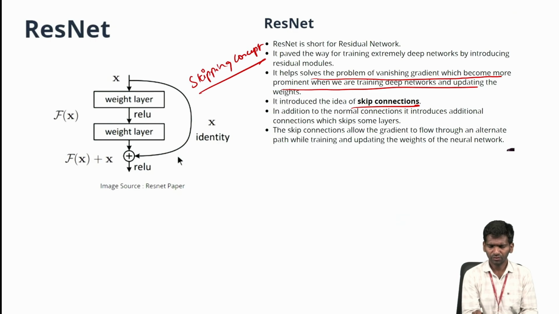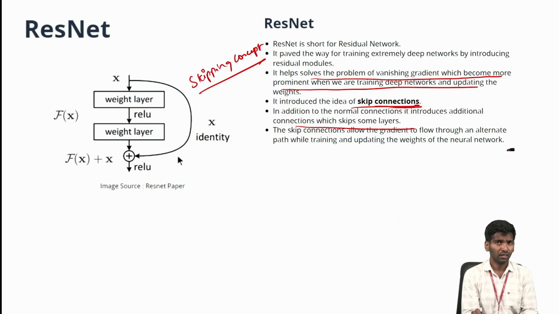In addition to the normal connection, it introduces an additional connection which skips some layers. If you observe all the previous architectures and this one, there are so many layers that get skipped, and that's why it is called a skip connection.